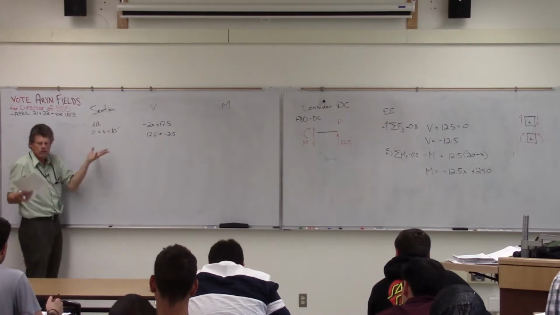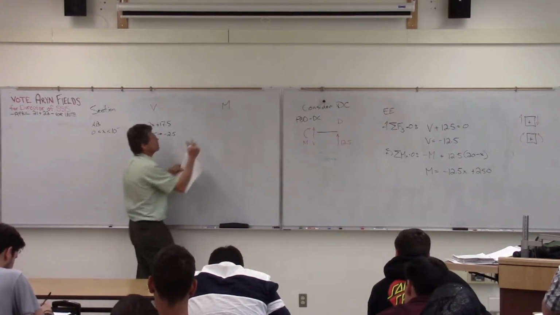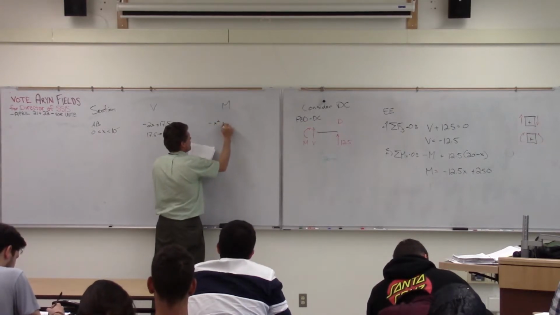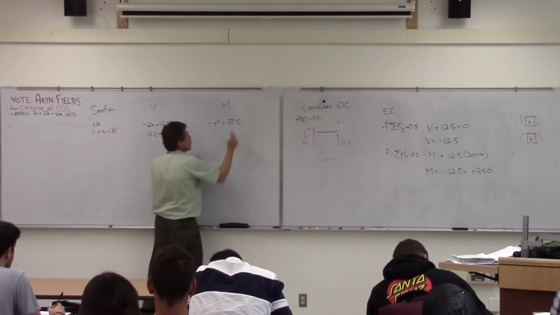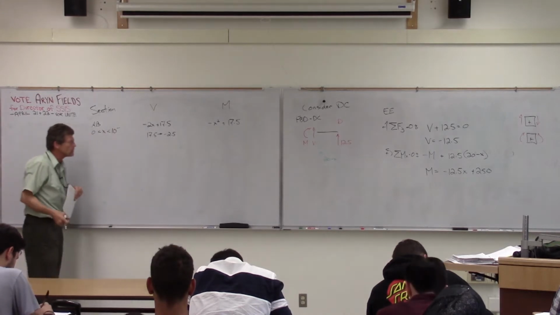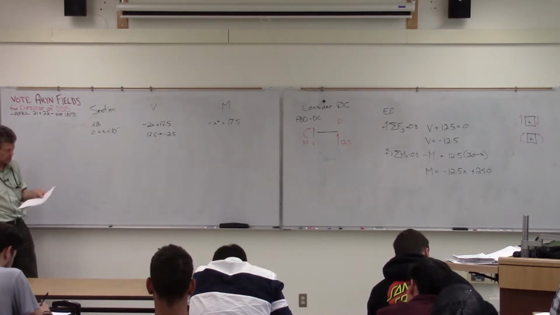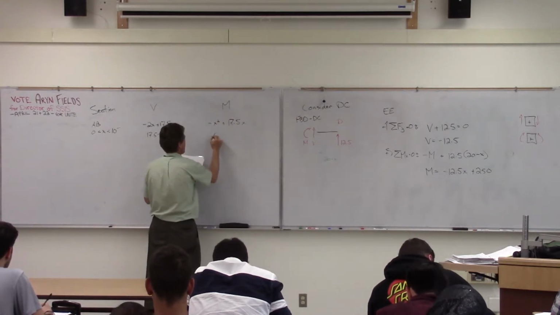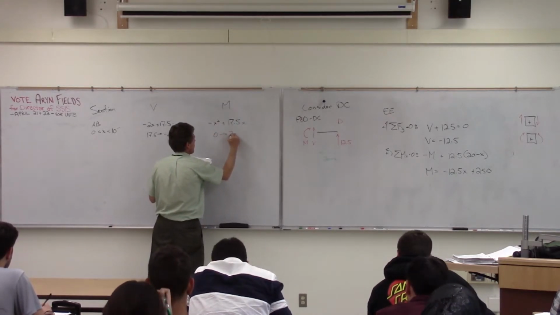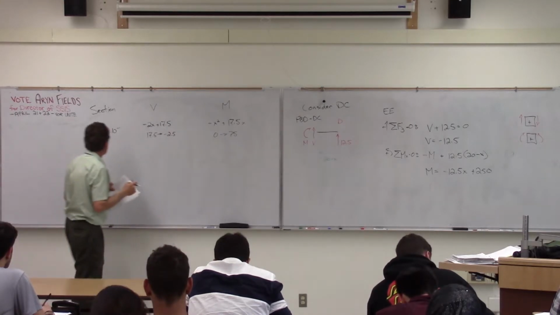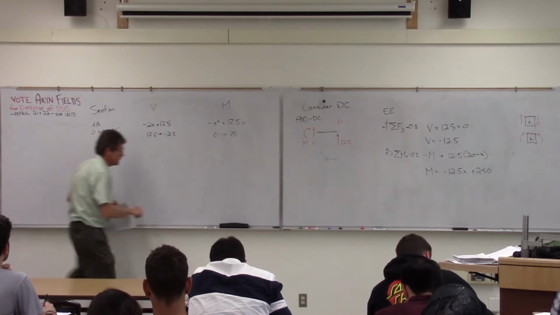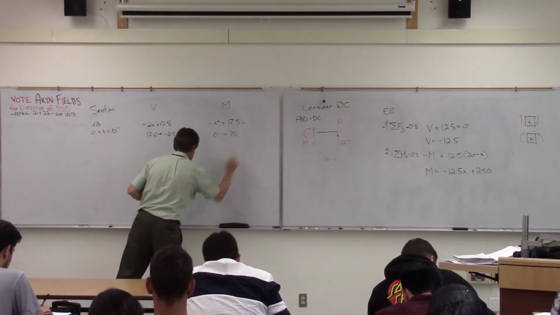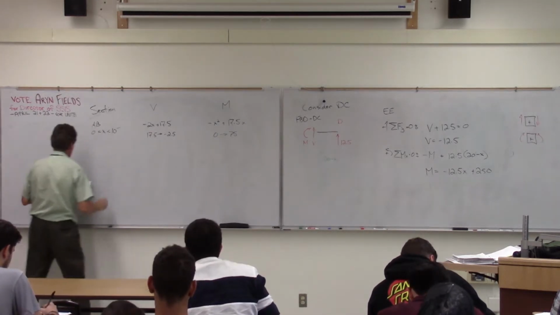So it's that minus 2x. So we're going to basically put them together. So the equation that's valid for this range for the moment is going to be minus x squared plus 17.5x. Okay, so that's that range.